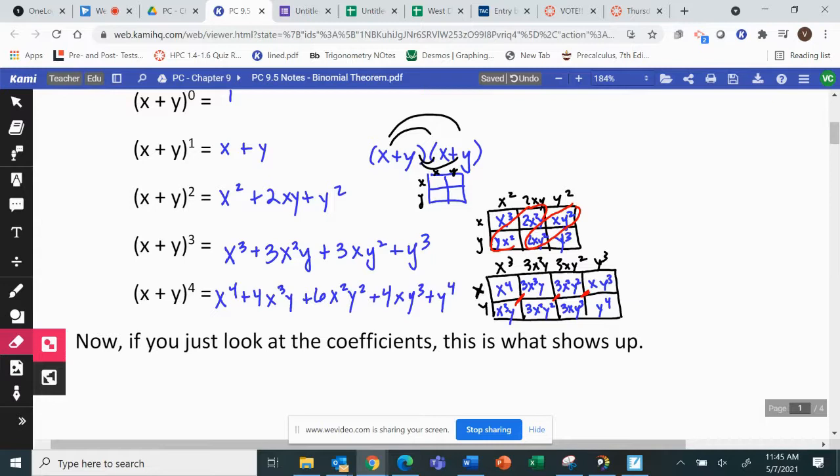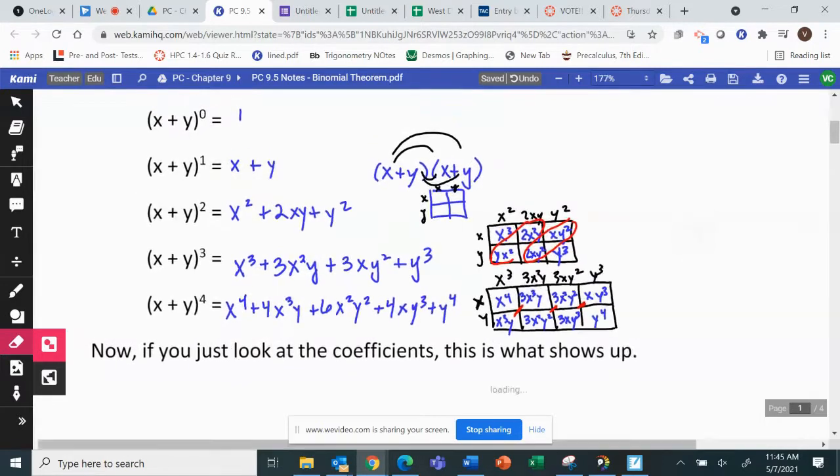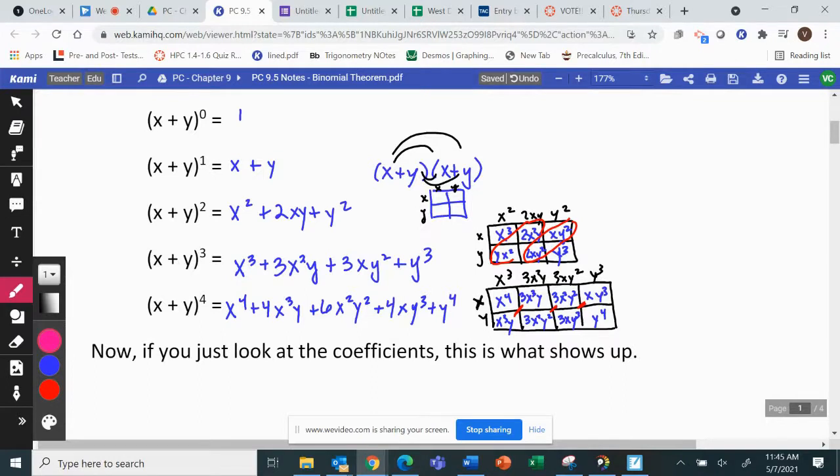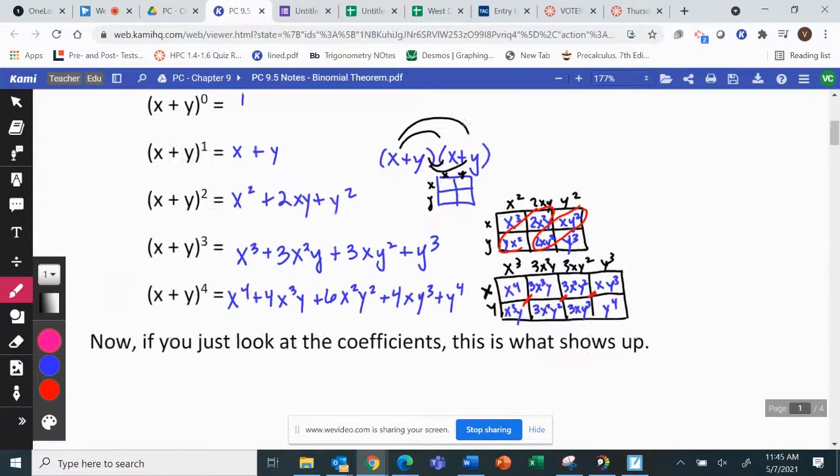What do you notice about the middle term? When it's squared, there's only 1. When it's cubed, there's 2, and then the fourth power there's 3. Oh, so you're saying in between the x to the fourth and the y to the fourth, that's increasing? Is that what you're saying? Also, the x's and y's at the end are to the correct power.